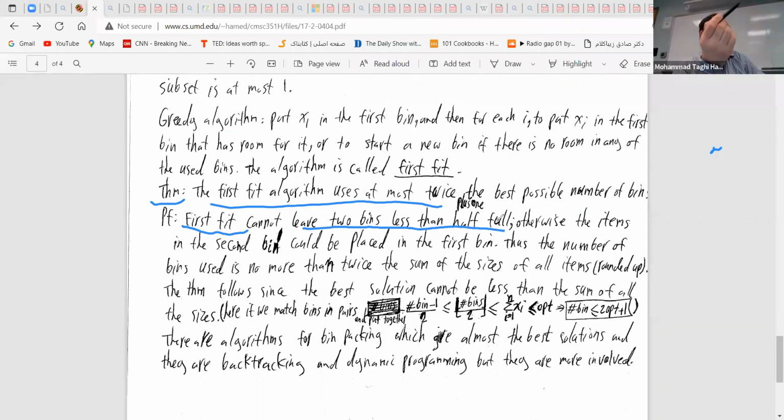If two bins are less than or equal to half full, then whenever you wanted to put an item in the later one, you could have put it in the first one you opened. So all of these items could have gone into the first bin, essentially.